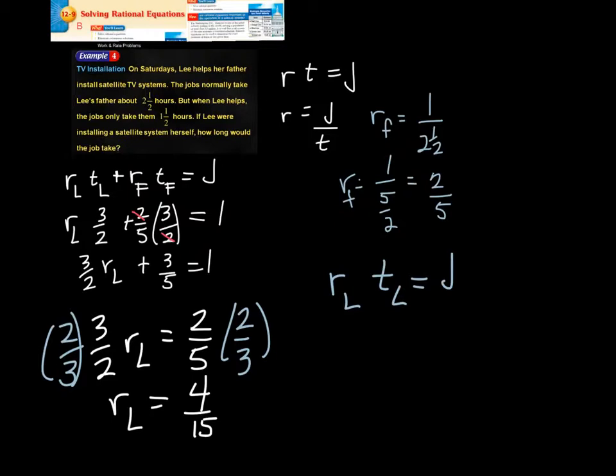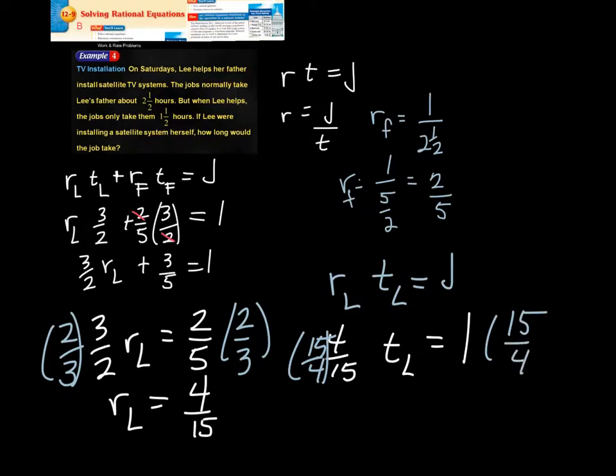The question asks how long it would take her to do one job by herself. Now that we know her rate is 4/15, we're trying to find her time, and she's just doing one job. We can multiply both sides by the reciprocal again. And so we get her time to be 15/4. That's awkward. Or we'd be more likely to say 3 3/4 hours.